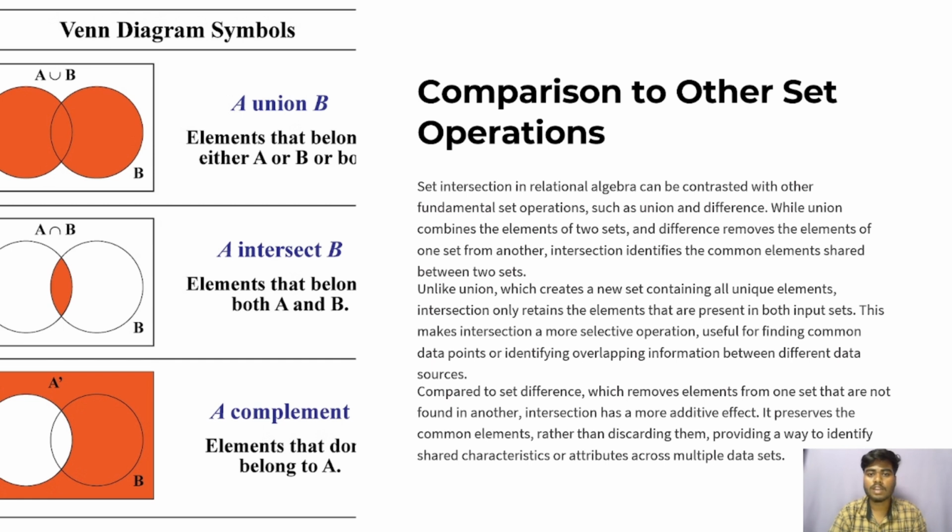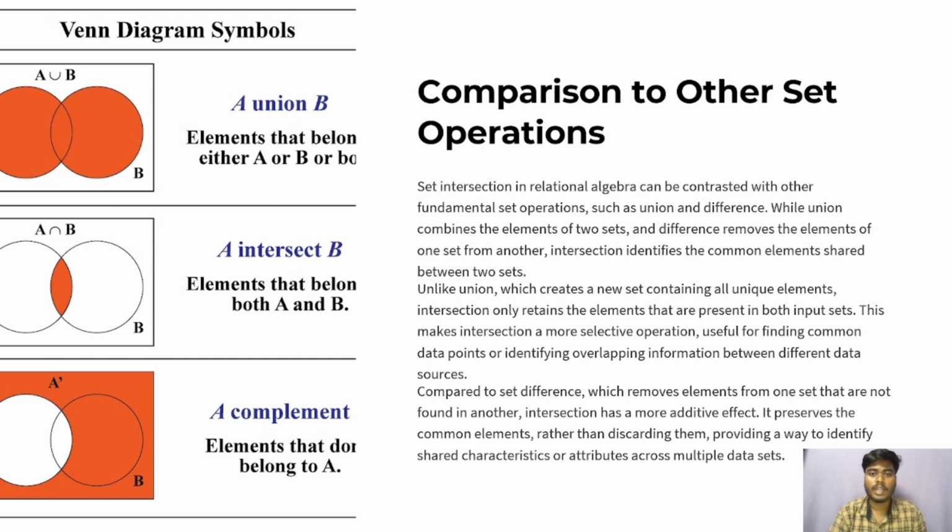Intersection identifies the common elements shared between two sets. Unlike union, which creates a new set containing all unique elements, intersection only returns the elements that are present in both input sets. This makes intersection a more selective operation, useful for finding common data points or identifying overlapping information between different data sources.